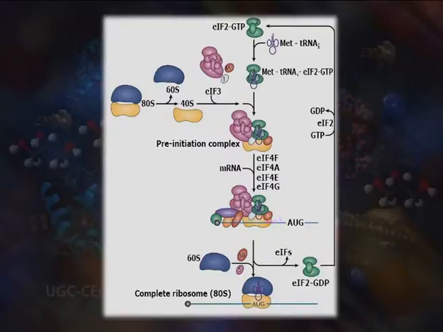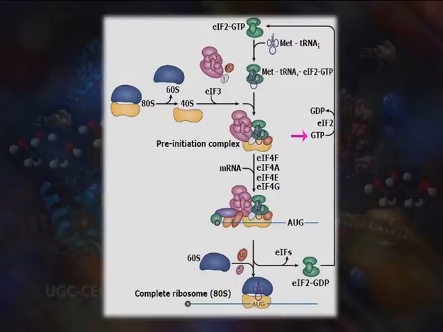In eukaryotes and archaea, the amino acid encoded by the start codon is methionine. The initiator tRNA charged with met forms part of the ribosomal complex, and thus all proteins start with this amino acid. The met charged initiator tRNA is brought to the P site of the small ribosomal subunit by EIF2.